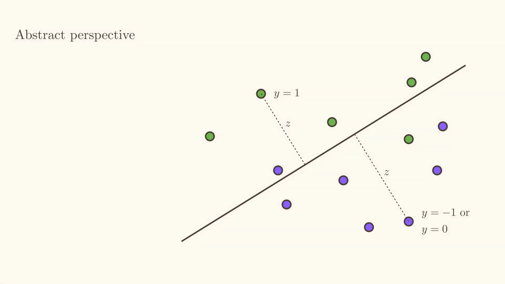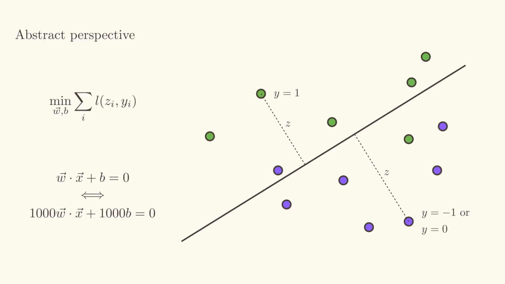Considering these points, the empirical risk minimization approach translates into this minimization problem, which aims to keep the total misclassification loss as small as possible. However, if we would stick with this formula, we would not care at all about the concrete numbers of w and b. For example, neither the classification border nor the total loss would change if we would scale both w and b by the same factor.